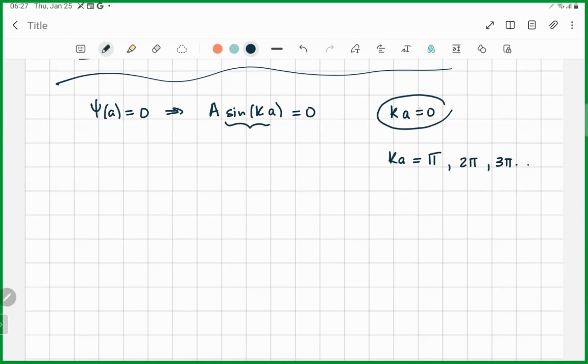Because this would imply that k is 0. And if you put k as 0, remember the function is this. If I put k as 0, I will be killing the whole function. But if I put k as pi over a or 2 pi over a, I'm not going to be killing the function.